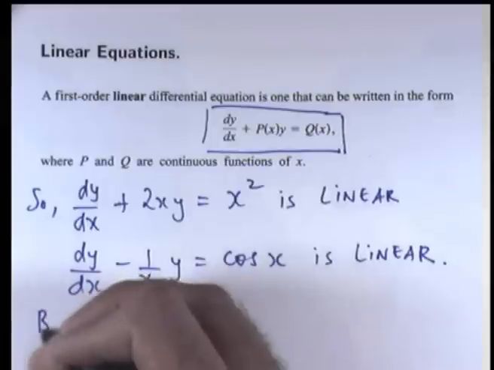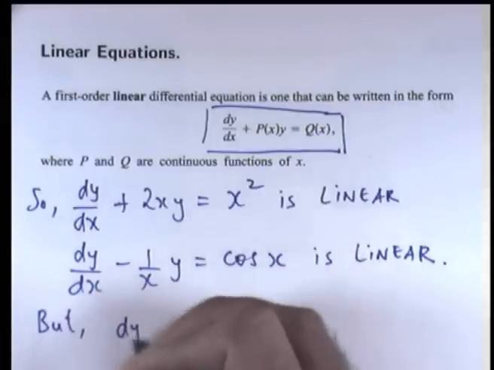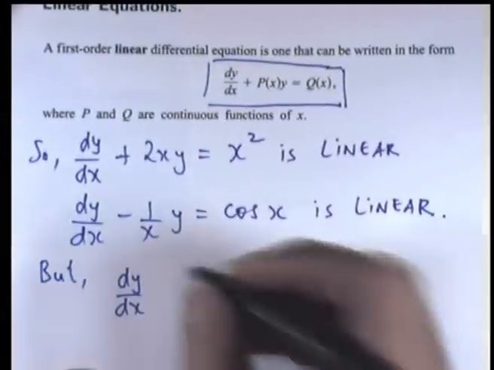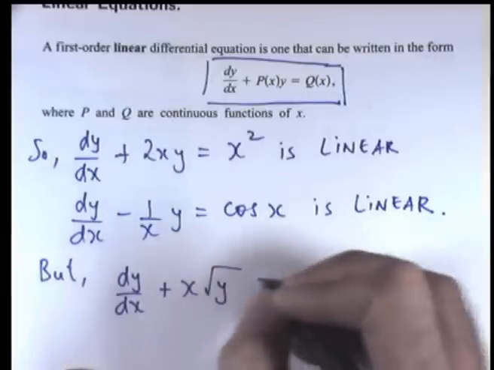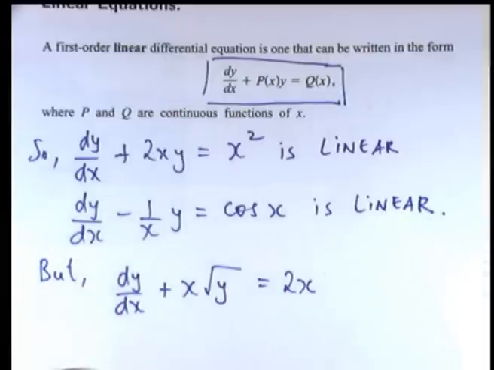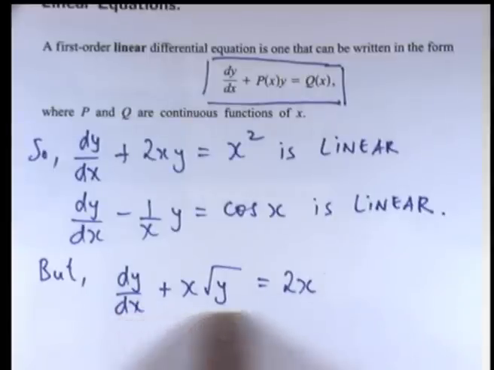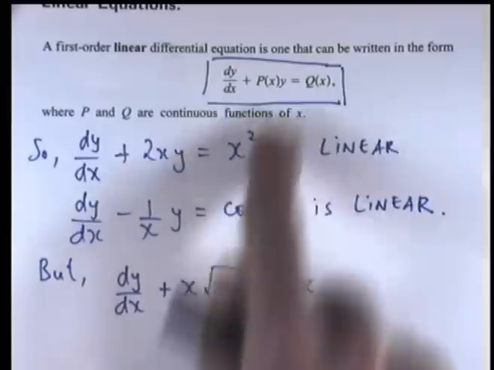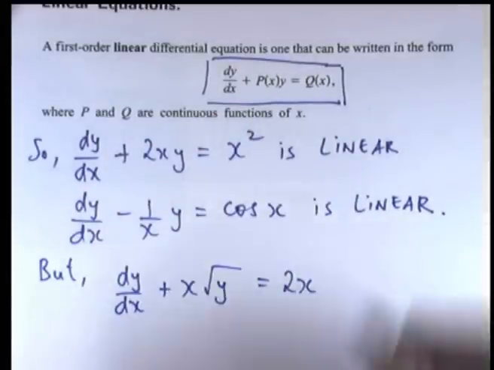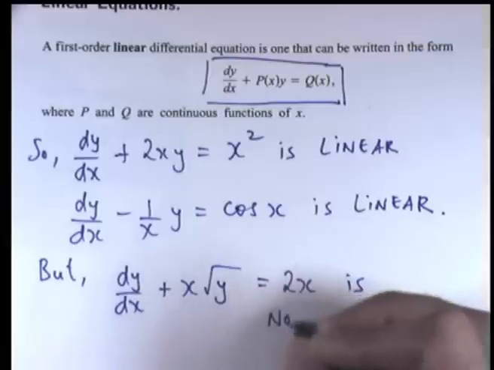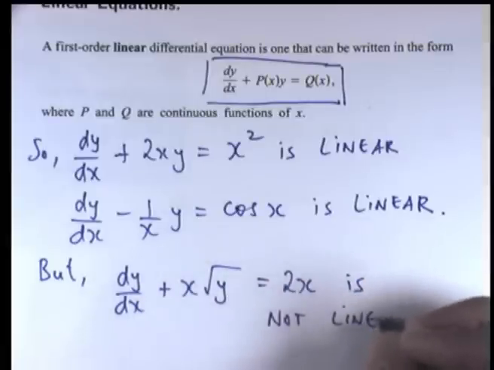Okay, so let's look at something that's not linear. This ordinary differential equation here has a square root of y, not a y, in the second term. So this is not linear, or we usually refer to this as non-linear.